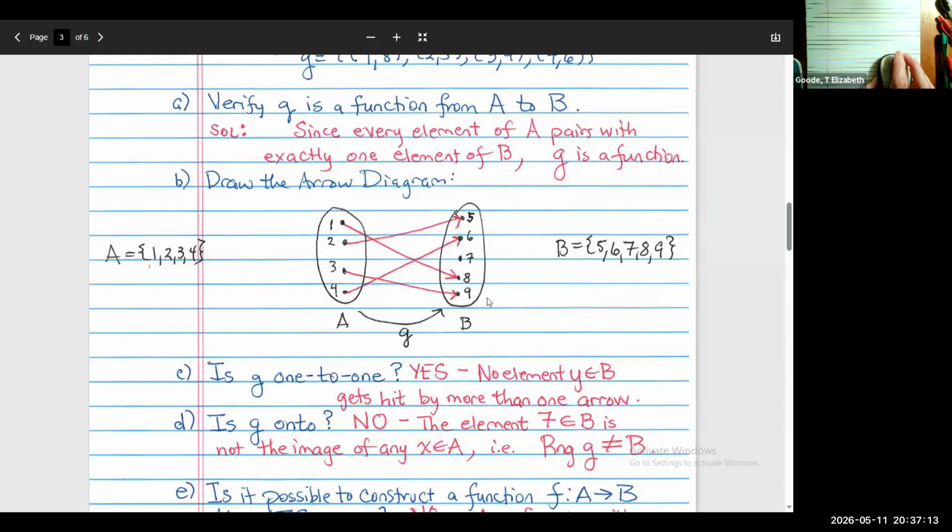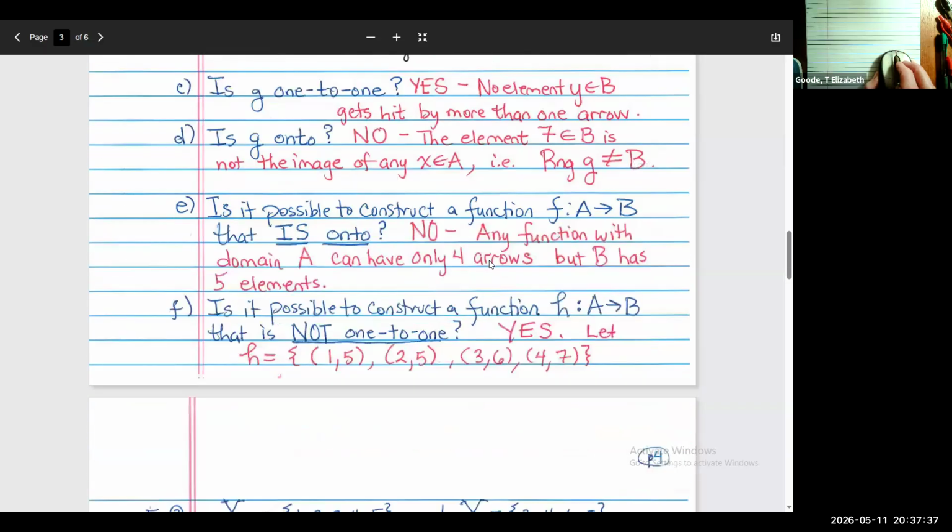Does each element of B have at least one arrow hitting it? No. So it is one-to-one because there's at most one arrow hitting everything, but that doesn't mean everything got hit. It just means if it got hit, it only got hit by one arrow at most. But it wasn't onto because 7 didn't get hit at all.